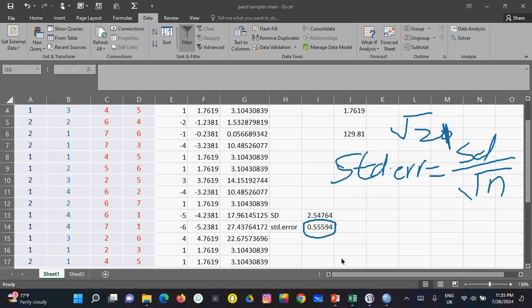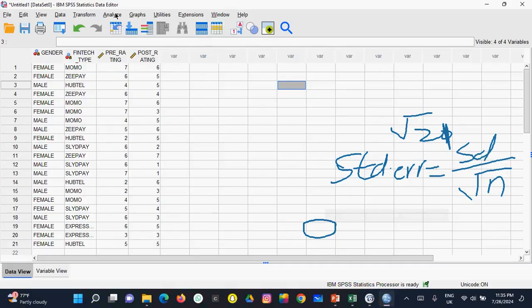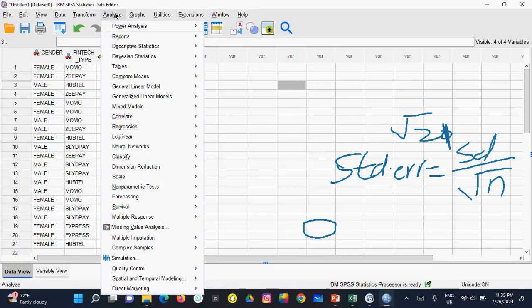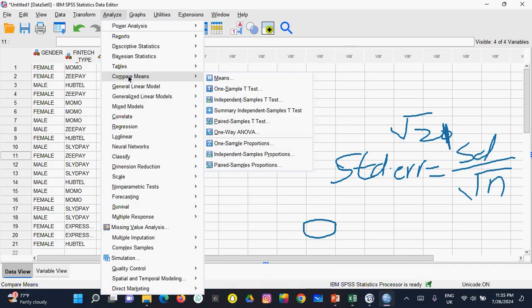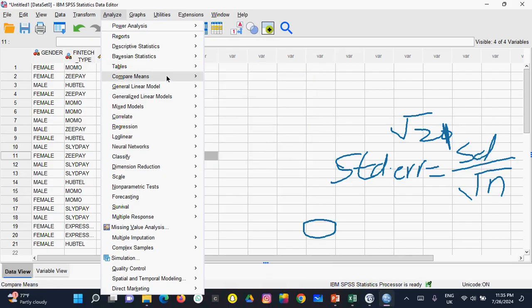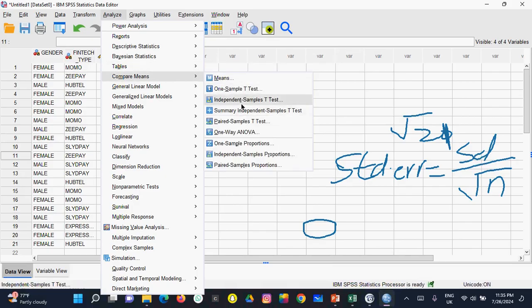Now let's move to the SPSS and do this faster. All right, so we come to Analyze, after uploading our data and everything. We come to Compare Means, we skip everything, and we come to the paired sample t-test.